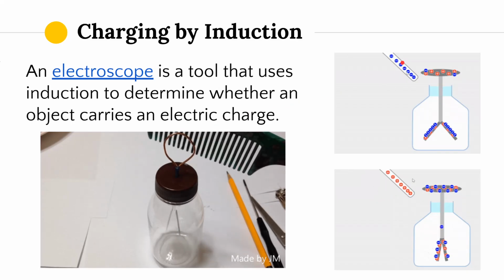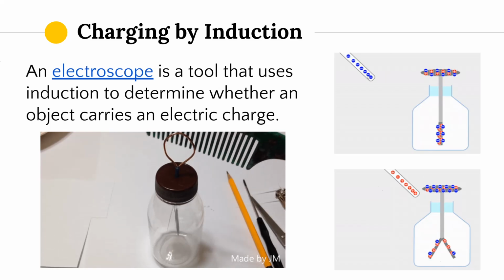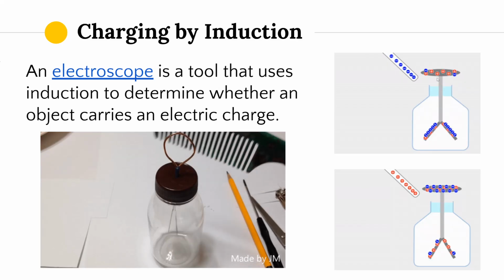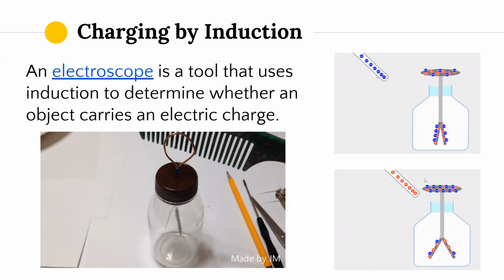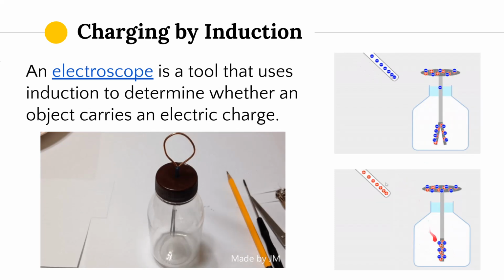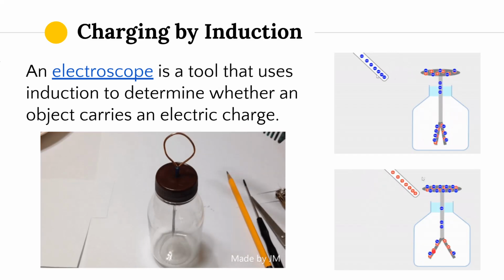The negative rod nearby on top causes electrons to move far away from it, and that means they go into the leaves. Now my leaves are both negative and they flare outward, but I have a separation of charge. I have a positive top part and a negative bottom part. And the opposite's true here. If I bring a positive rod nearby, I still get the exact same motion of the leaves at the bottom, but now it's because both of the leaves are positive. We looked at this yesterday.